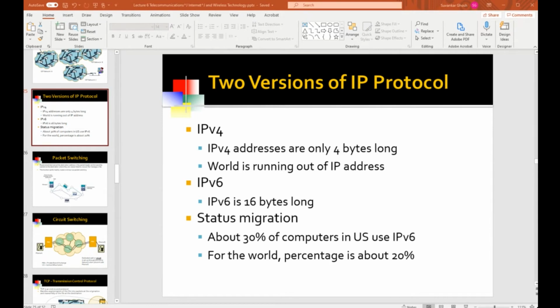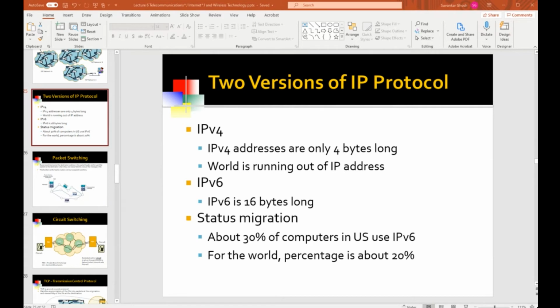IPv4 defines the IP address to be 4 bytes long. Whereas there are so many computers and every kind of device that needs an IP address, laptops and tablets and everything, and it's all over the world. So the world is basically running out of address space when you consider IP addresses to be only 4 bytes long.